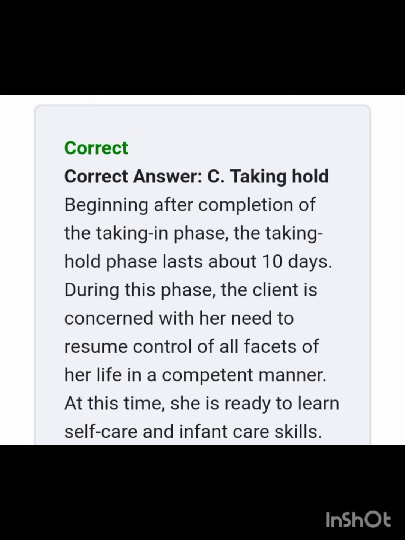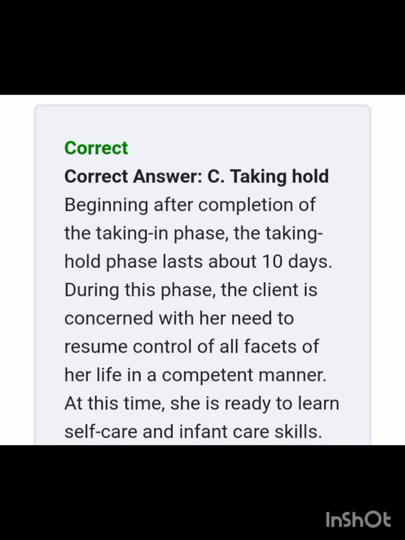Taking in means, okay, whatever it is there, I'll have to go with that only. That mood is there. But taking hold means, okay, having the first baby, and this is the second newborn baby she had, and she'll have to take care of the first baby and herself and the newborn baby.